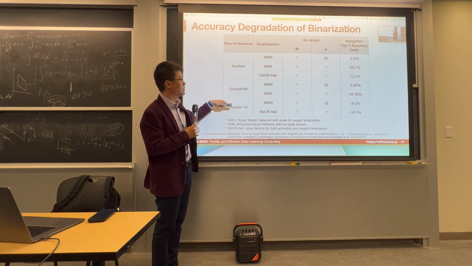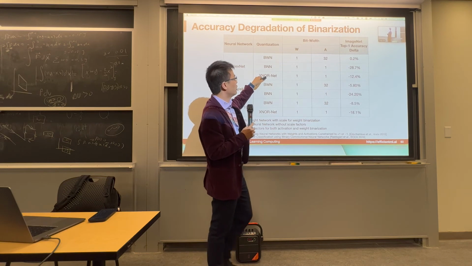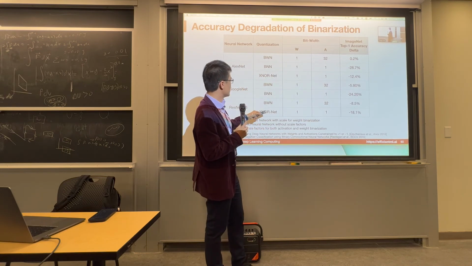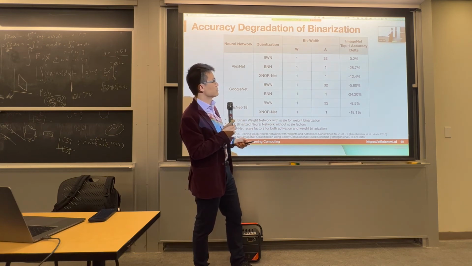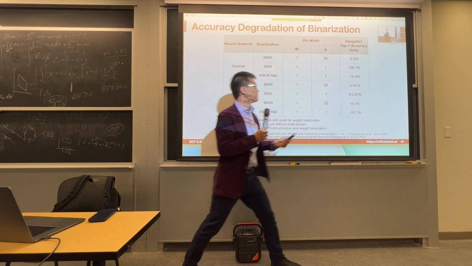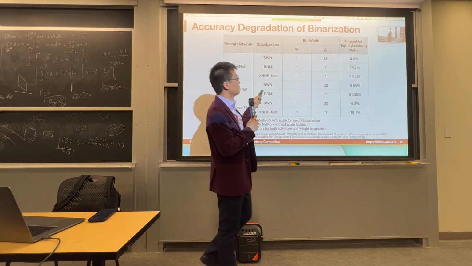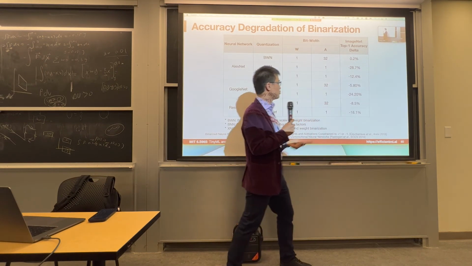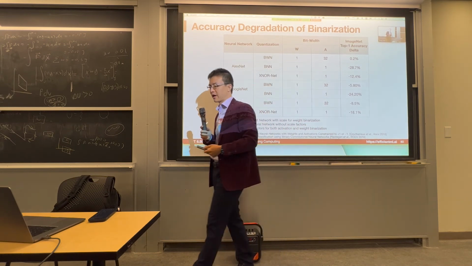For AlexNet, GoogleNet, and ResNet-18, using these XNOR operations in all these scenarios, it can have okay performance. Think about a 5 or 6% drop here, about a 12% drop of accuracy, and XNOR is about an 18% drop of accuracy.